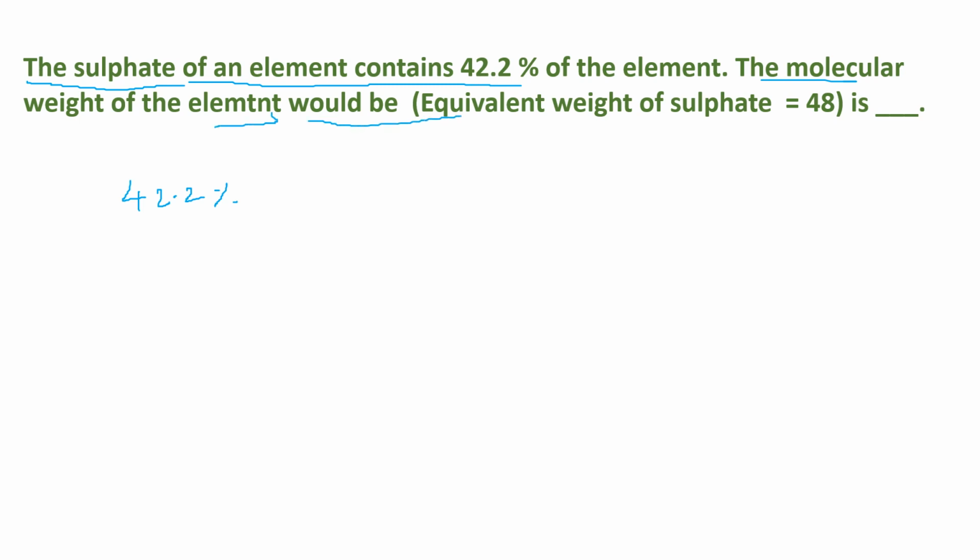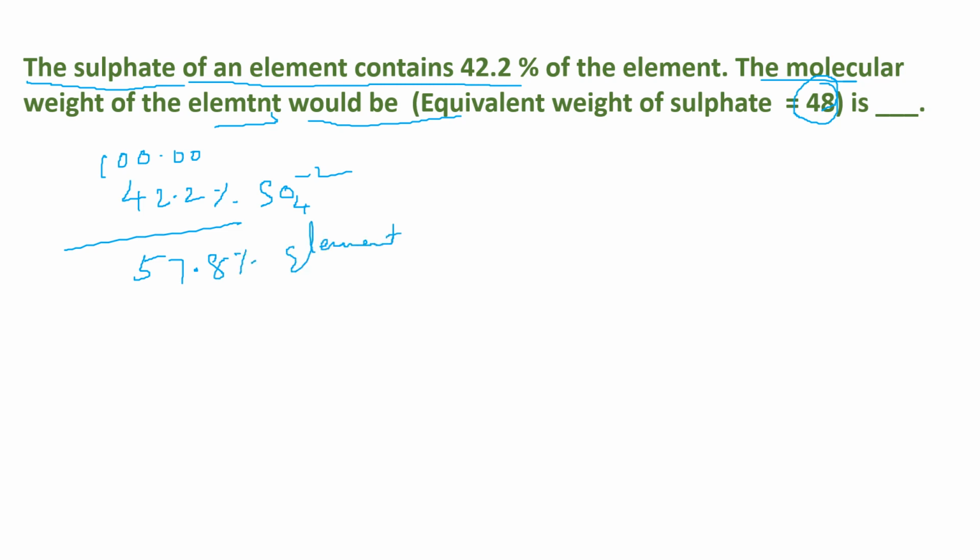The equivalent weight of sulfate is given, that is 48. How will we calculate? Here the sulfate is given, but you don't know the metal. 100 minus 42.2, then here you will get 57.8% of that element.